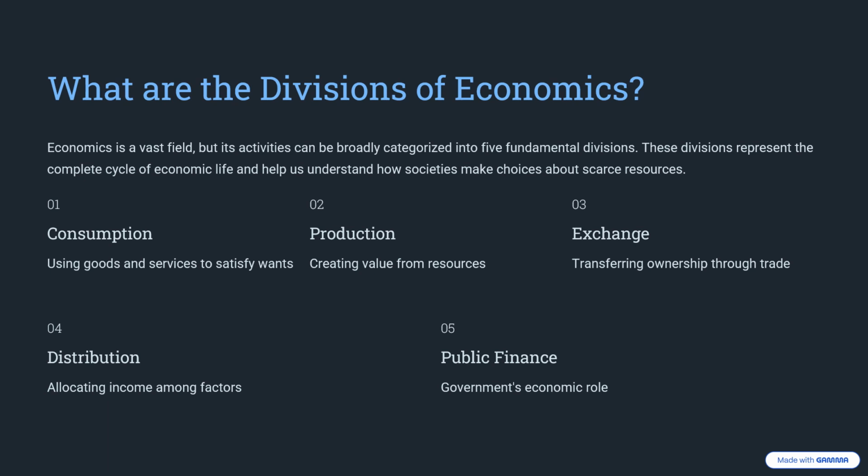Production is creating value from resources, from inputs to output. Exchange is transferring ownership through trade. Distribution is allocating income among the factors of production. Public finance is the government's economic role.